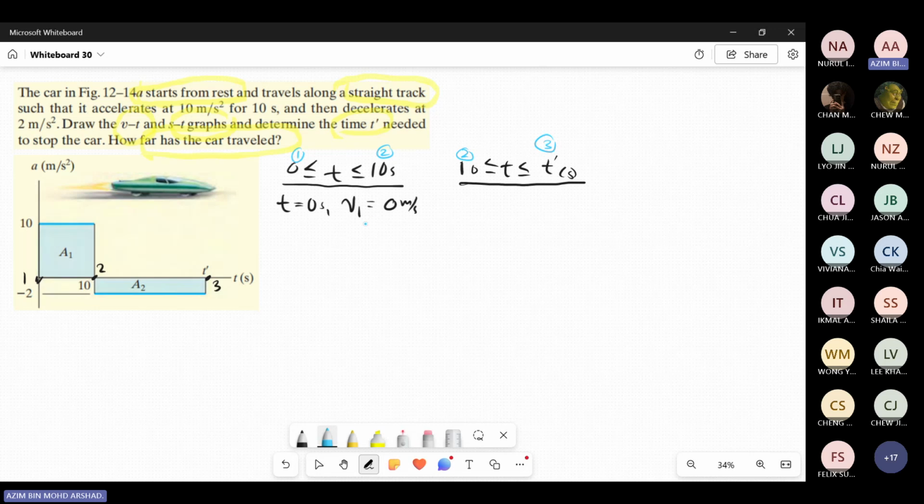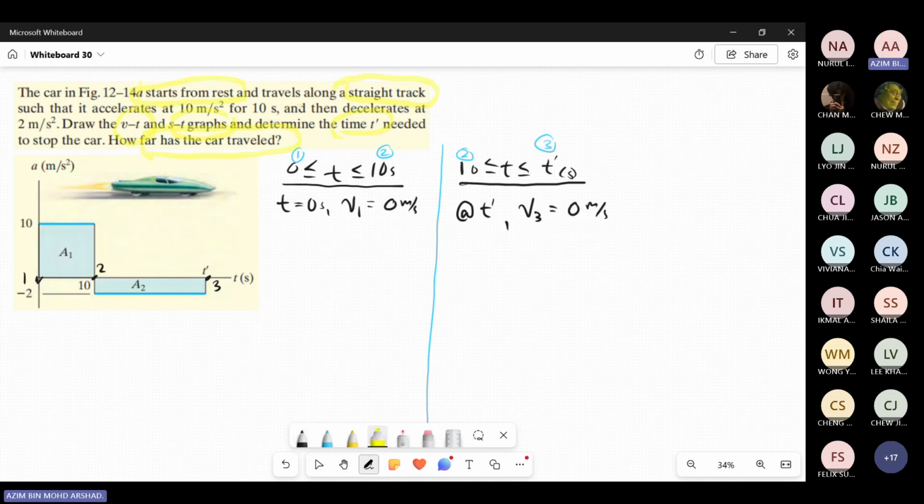To make it easier to analyze, let's break this down into point 1, point 2, and point 3. At point 1, the velocity is 0 at the initial point. And we also know that at t prime, and we don't know what t prime is yet, the velocity is 0.